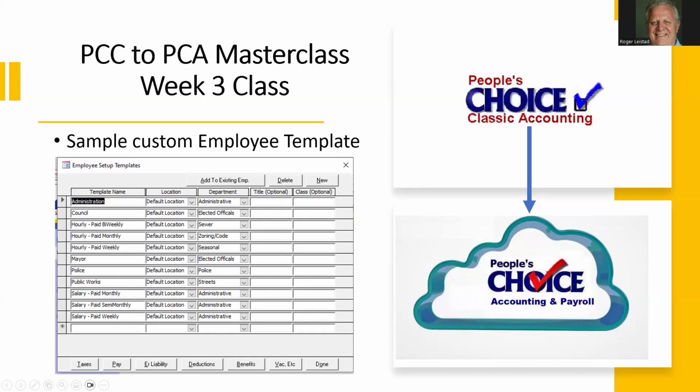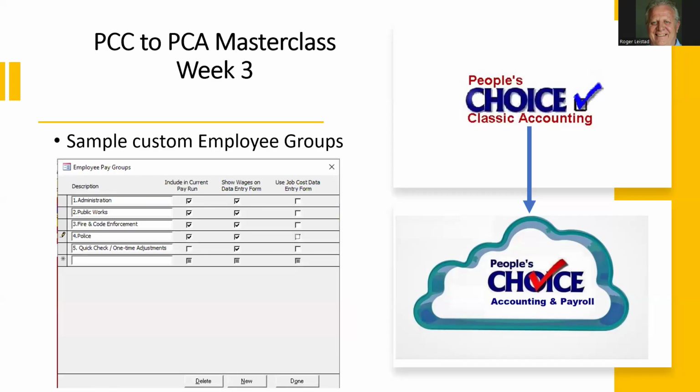If you watched the video yesterday that was sent out, here's an example of some of the pay groups. So instead of bi-weekly, weekly, other people will set up those pay groups according to their department. That kind of gives you a little idea of the different things that the pay groups do.